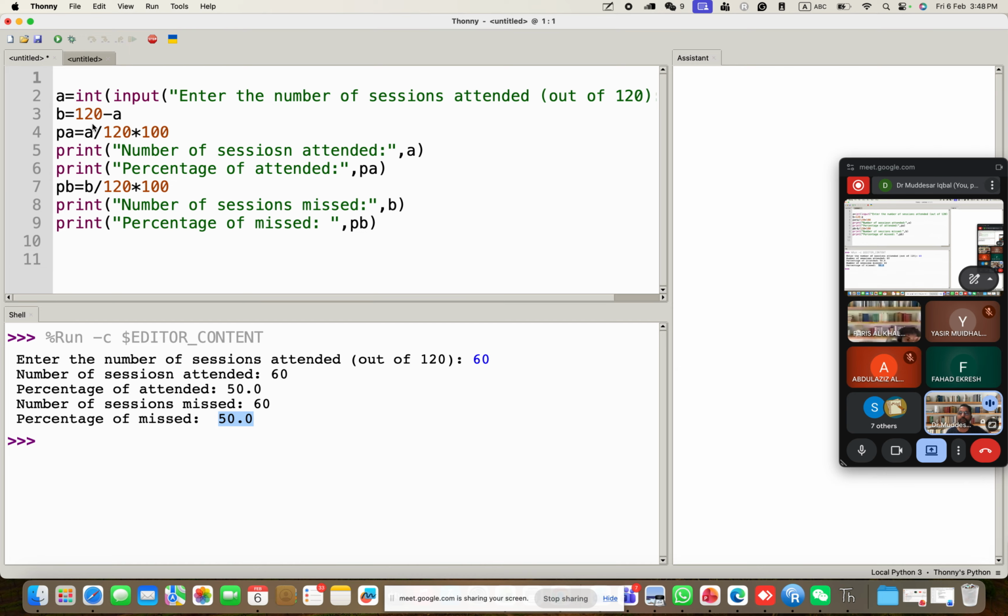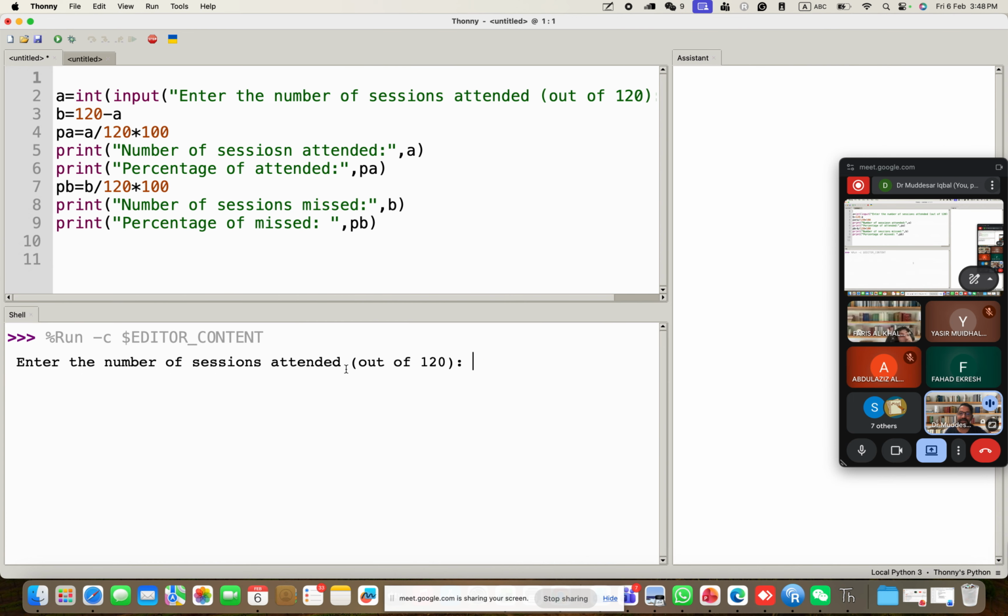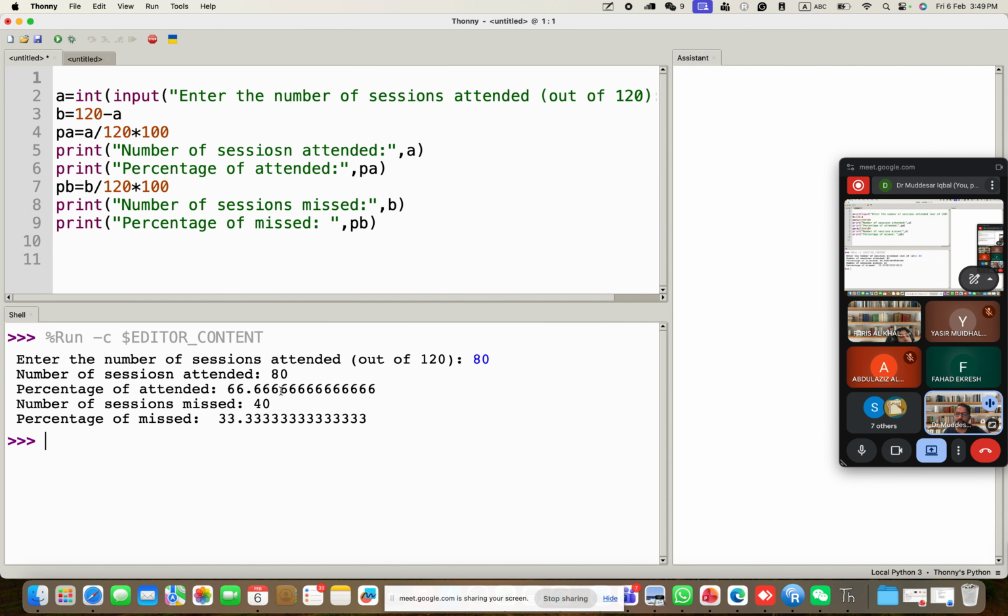If I put 80 attended, your total number of attended sessions is 80, percentage attended is 66%, you missed 40, and percentage missed is 33%. It's all correct. There's no mistake in the formula, there's no mistake anywhere.